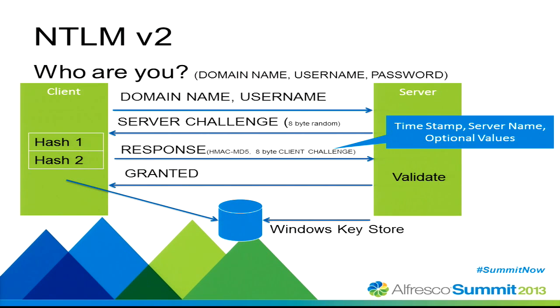So Microsoft, I think it was Microsoft, it could well be IBM, tried to make this more secure by changing the MD4 to MD5, and they also put the server name into this response.